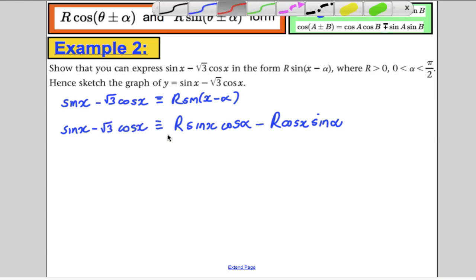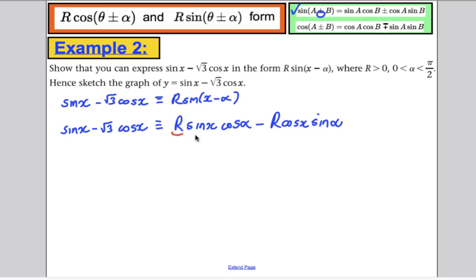Clearly then, r cos alpha must be equal to 1. There's a hidden 1 here. So our next line is that r cos alpha is equal to 1. We've got a minus in the right place, so that's fine. We could also say that r sine alpha must be equal to root 3. That is equation 1, and that's equation 2.